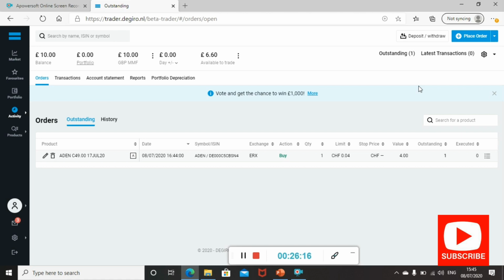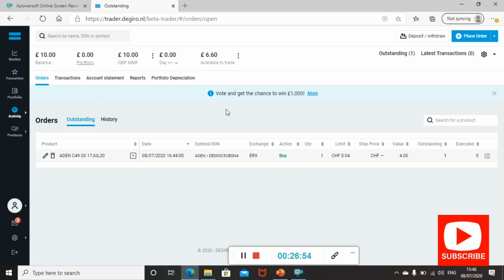That's it, guys. It will sit in my outstanding transactions now. If they find a seller for that contract at that price, I doubt they will because it's a low price, then it will move into my portfolio, and then the price will fluctuate up and down until the 17th of July. Once I own the contract, I can try to sell it at any point.